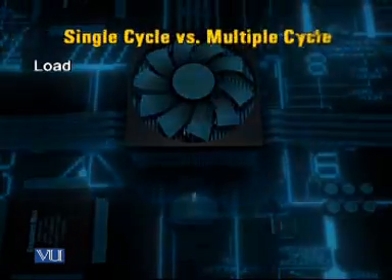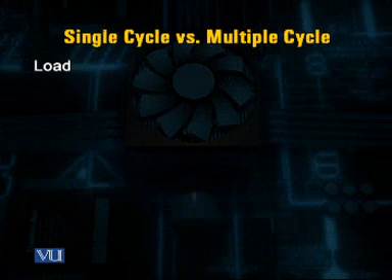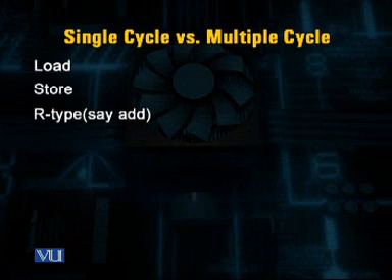In this small program segment, we may assume that our first instruction is a load instruction, the second instruction is a store instruction, and the third instruction is, say, a register type add instruction.